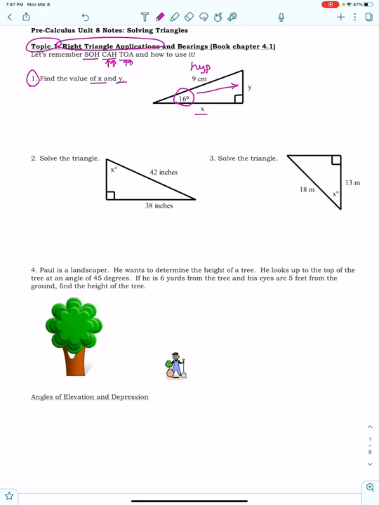So you can start with sine or cosine, it really doesn't matter. But the sine of 16 equals the opposite over hypotenuse. And I'm going to treat this as over 1 and then cross multiply. So that's what I get there. And then I'm going to round this side measure since y is a side measure. But I need my calculator to find 9 times sine 16.